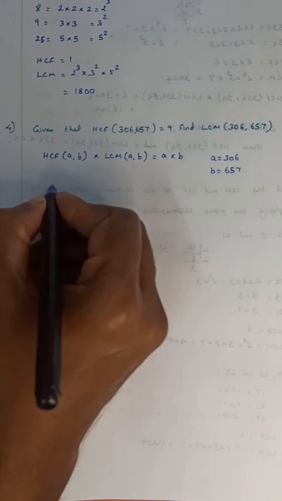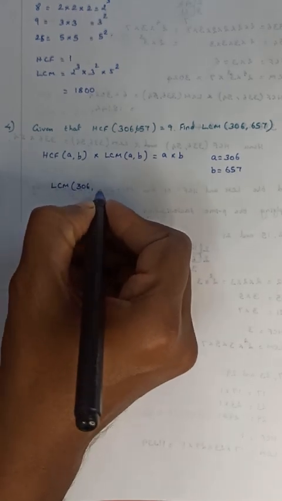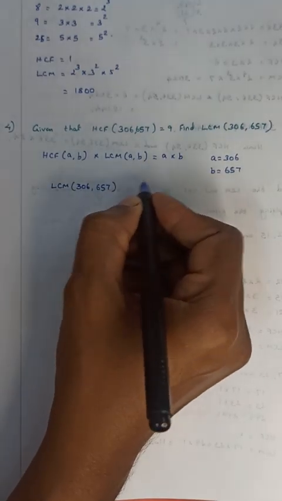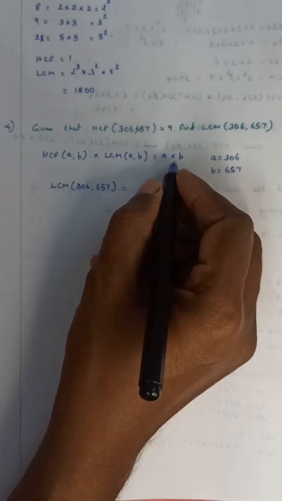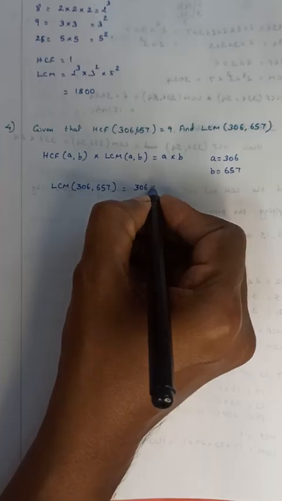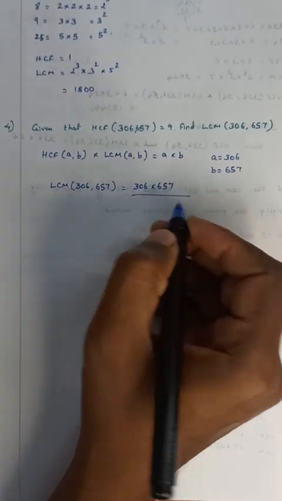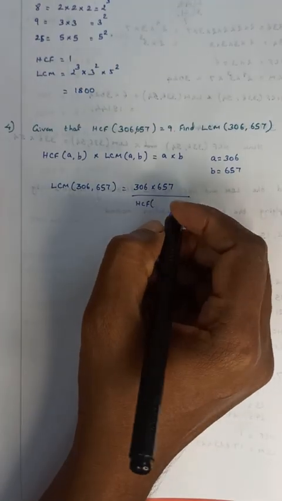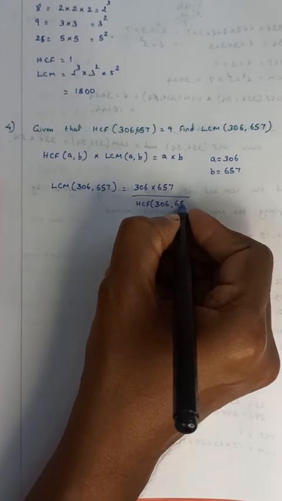So LCM of 306 comma 657 equal to A into B, that is nothing but 306 into 657 divided by HCF of 306 comma 657.